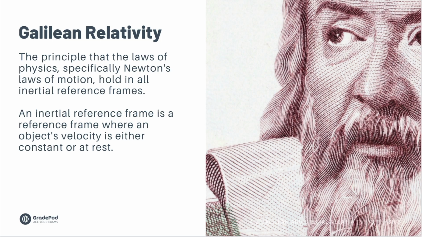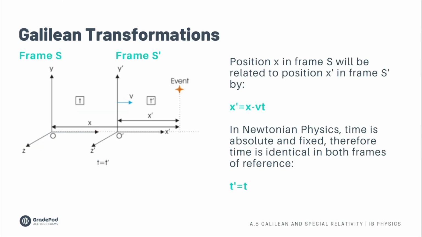So if you have an inertial frame of reference that's either travelling at a constant velocity or is at rest, you can use F equals ma, all of Newton's laws, inside that frame of reference. And this is going to become really useful when we look at two frames of reference travelling in relation to each other. When two frames of reference travel in relation to each other, we use something called Galilean transformations.